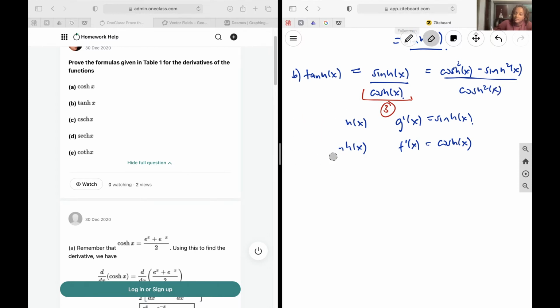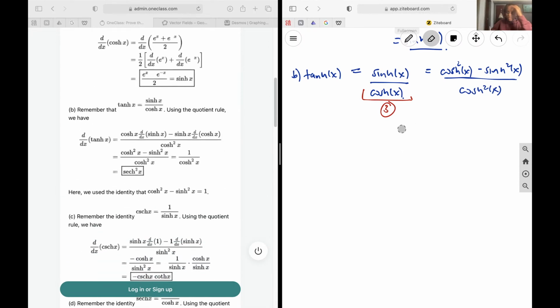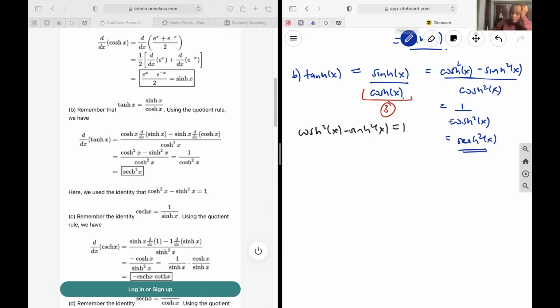And then to simplify this down, we're going to use an identity that they've listed here for you. The identity is simply that cosh squared x minus sinh squared x is equal to 1. And so we're going to replace the numerator here. And this will become 1 over cosh squared x. And that is simply going to be sech squared x.